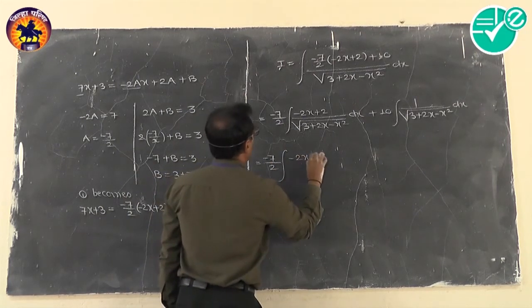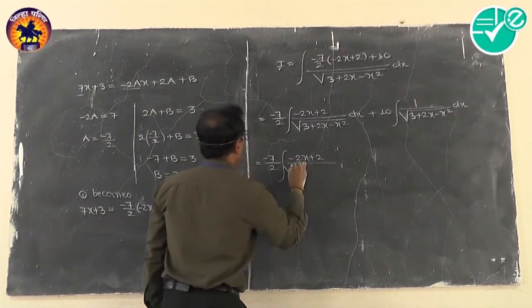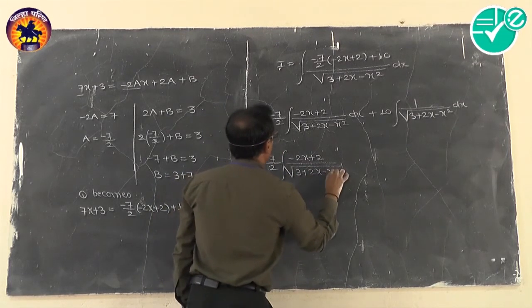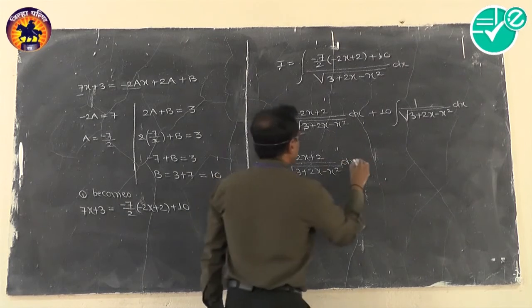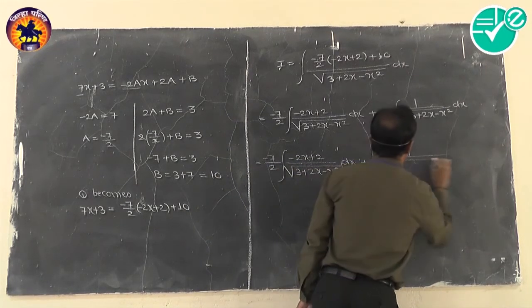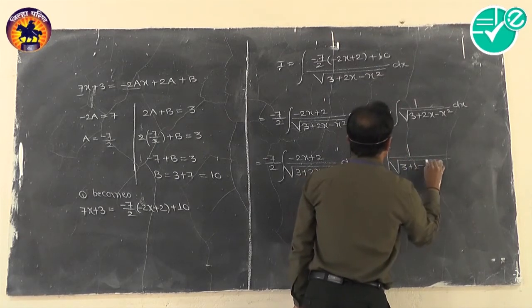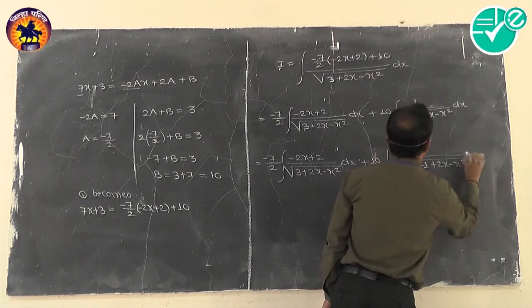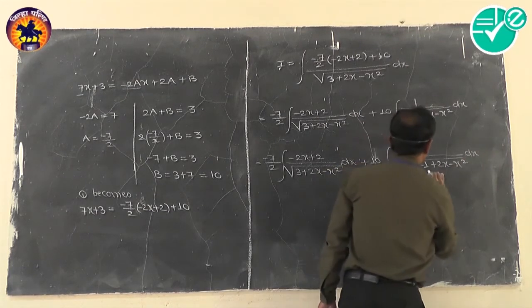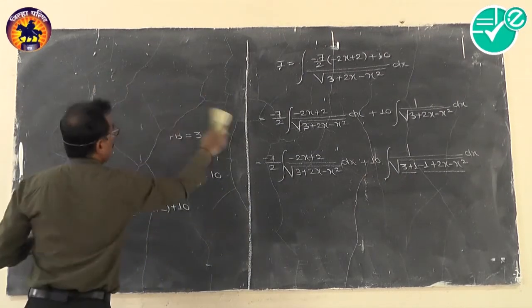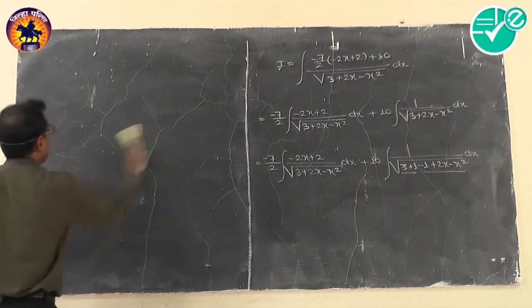Minus 7 by 2 into 2x plus 2 upon square root of 3 plus 2x minus x square dx, plus 10 times 1 upon square root of 3 add 1 subtract 1 plus 2x minus x square dx. These three terms. Now we have to proceed.